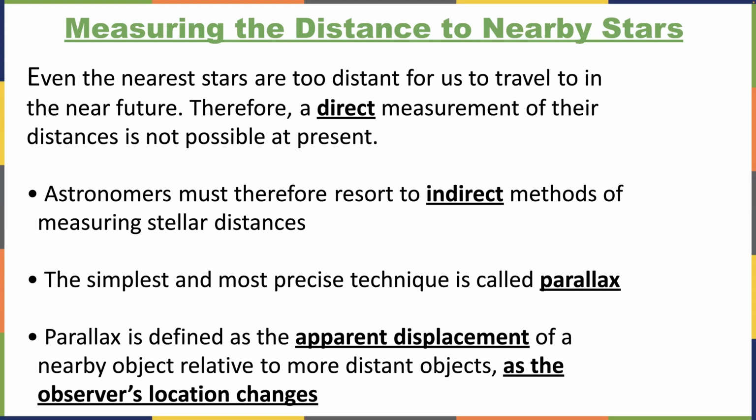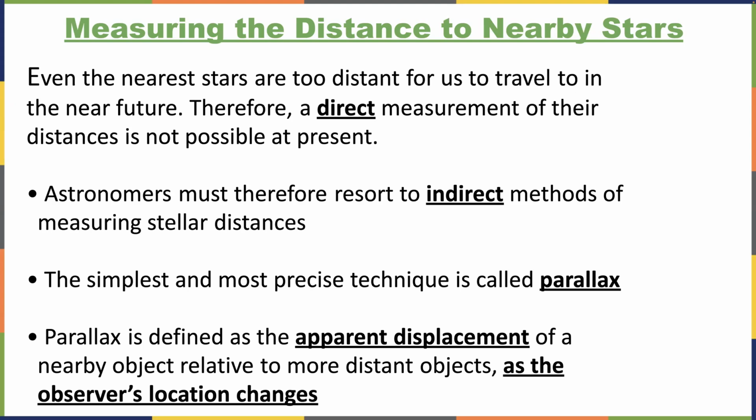So we have different advanced techniques to measure the different distances, and you will learn those one by one when you need those. Now here in this particular chapter, I am going to talk about how to measure the distances to these nearby stars, especially the stars within our Milky Way.